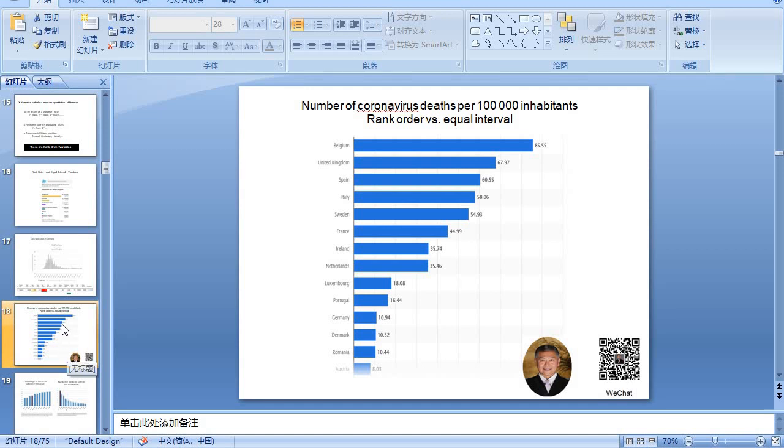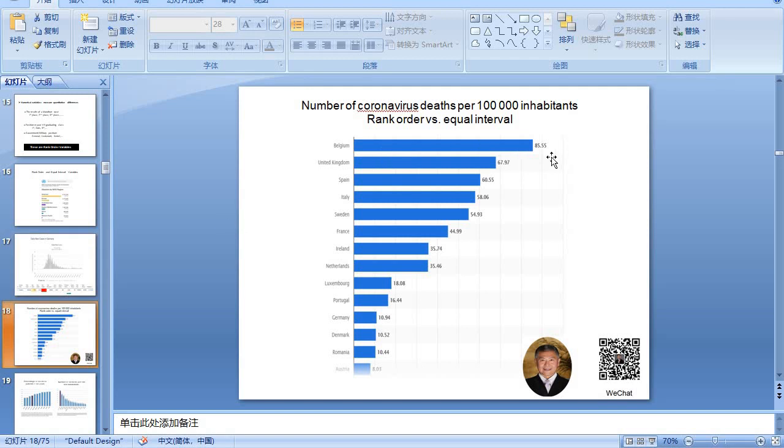Let's look at another example of equal interval variables and rank order variables. This graph shows the number of coronavirus deaths per 100,000 inhabitants. So this measures, for each 100,000 citizens, how many deaths are reported due to coronavirus infection. Let's look at rank order.